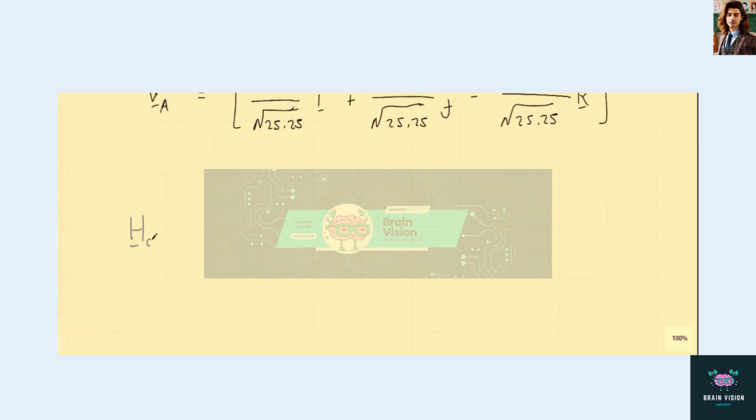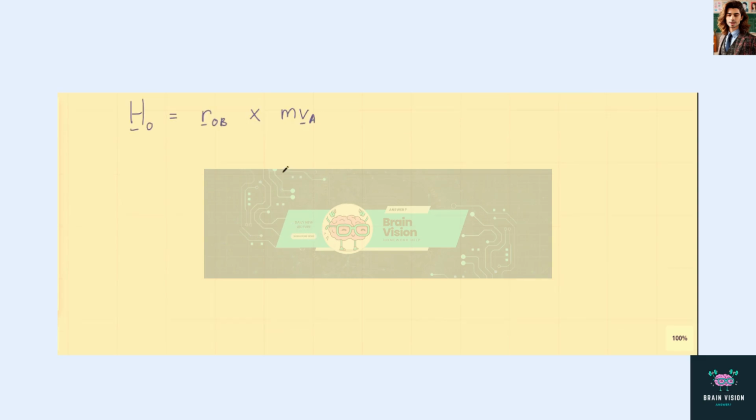Now that we have the velocity vector and positions, we can find the angular momentum about point O. The angular momentum about point O, h, is the position vector ROB crossed with the linear momentum, the mass of the particle times its velocity VA. If we use the cofactor method, we want our i, j, and k components. For ROB, this is simply 3, 3, and 0.